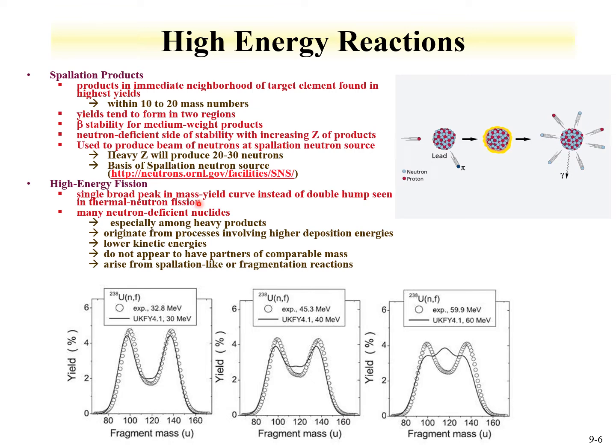The other reaction that will occur is that you can still induce fission with high energy neutrons, but the distribution of the fission products will change. Here is an example of data for uranium fission by successively higher neutron energies: 30, 45, 60.